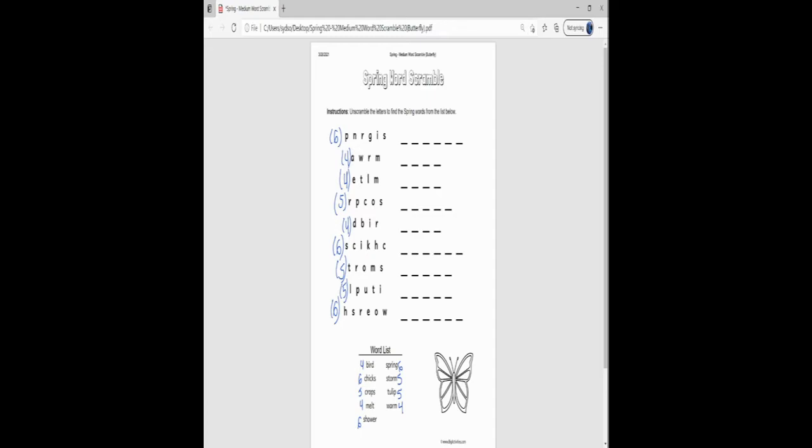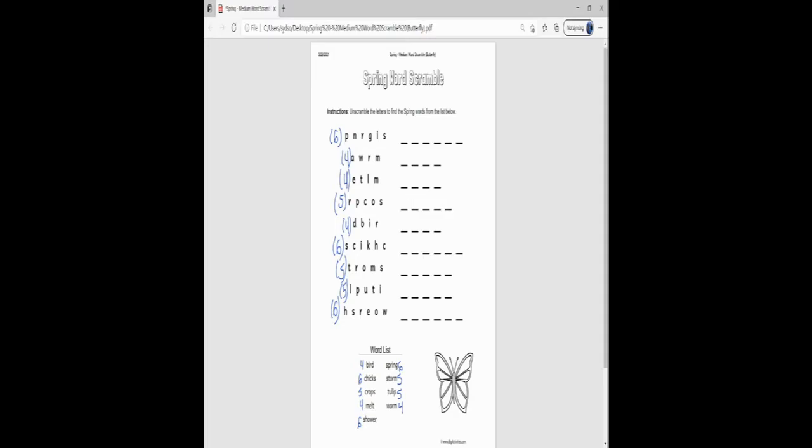Now let's see. The first word has the letters P, N, R, G, I, S, and it has 6 letters. Do you think it could be the word bird? No, I think you're right. Bird can't be that.